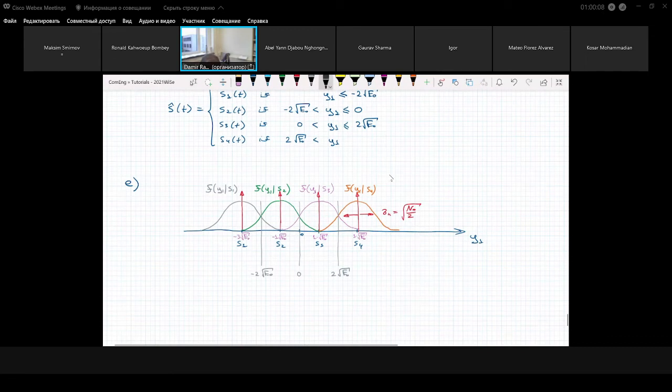We can write it as minus 3 times square root of 2Eb divided by 5, then minus 1 times square root of 2Eb divided by 5, then 1 times square root of 2Eb divided by 5, and the last one will be 3 times square root of 2Eb divided by 5.